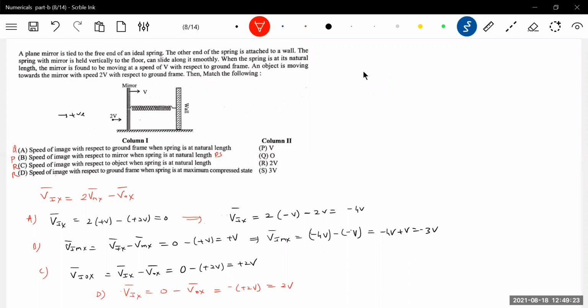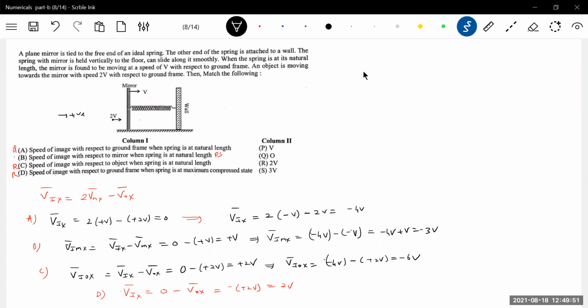Speed of image with respect to ground frame. Okay, there's no problem. There's only Q there. Next: speed of image with respect to object when spring is at its natural length. Velocity of image is minus 4v. Okay, there's no problem with this.